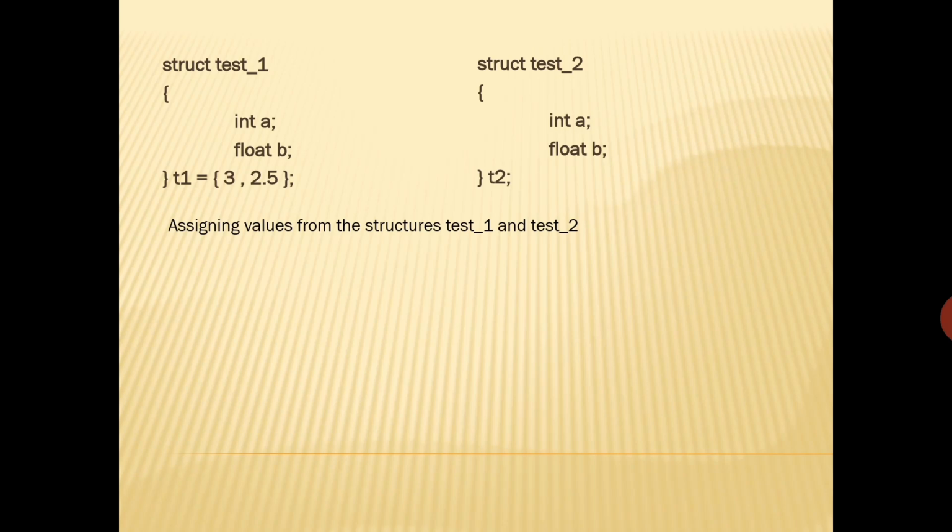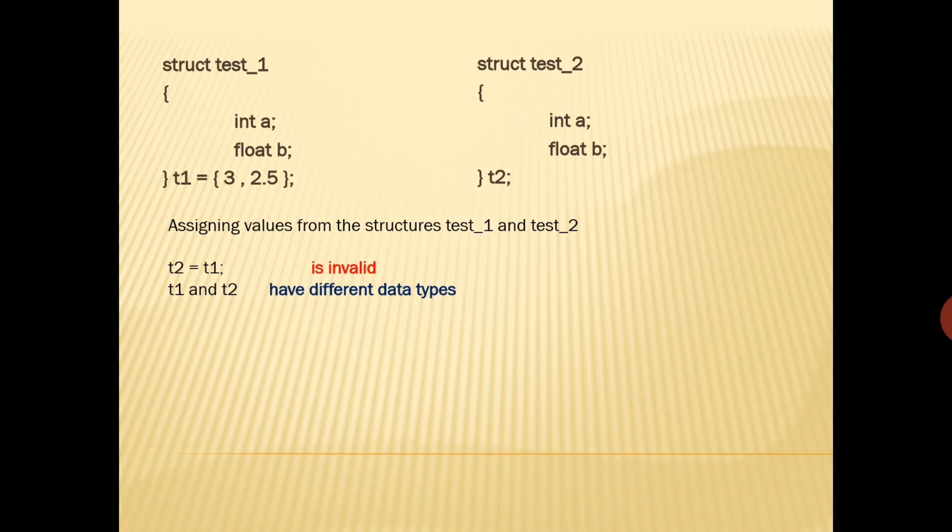Both the structures have got the same variables a and b. It has got two variables t1 and t2. So assigning values from the structures test1 and test2, how could this be done? t2 = t1. This is an invalid statement. Though it resembles the same, directly you cannot pass the values from one structure to another structure.